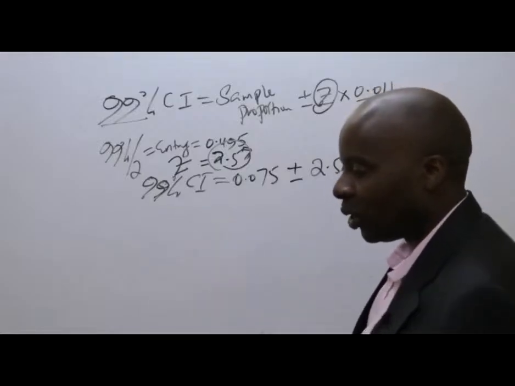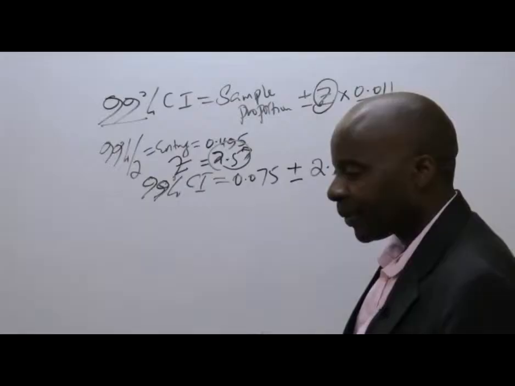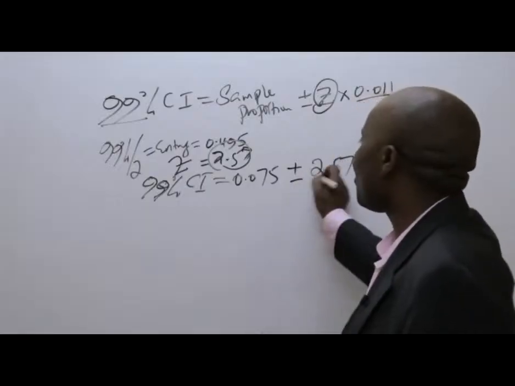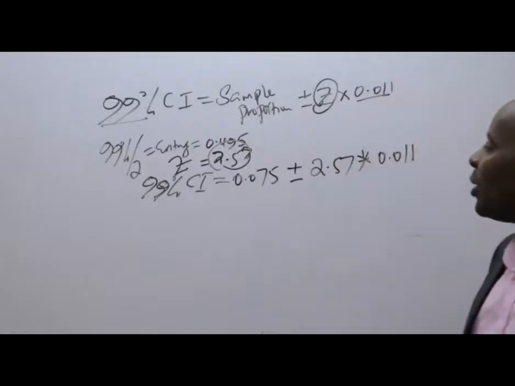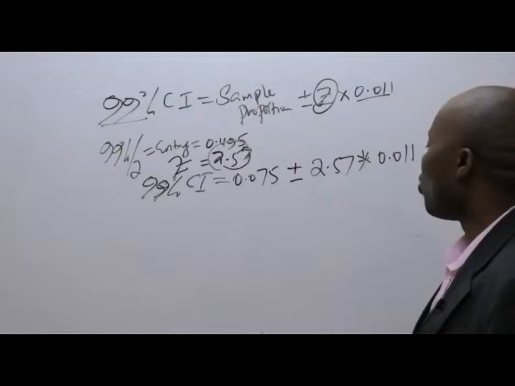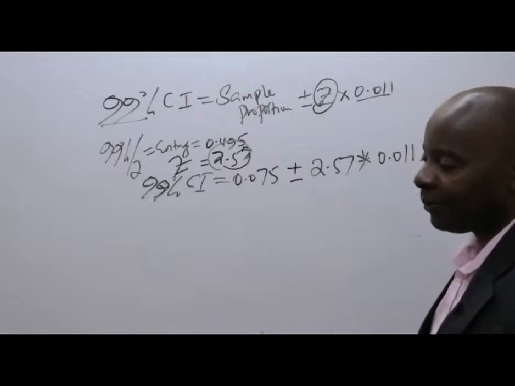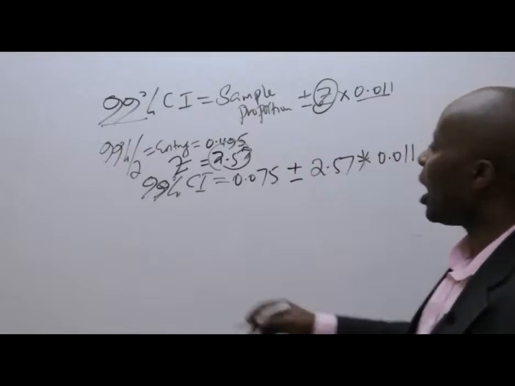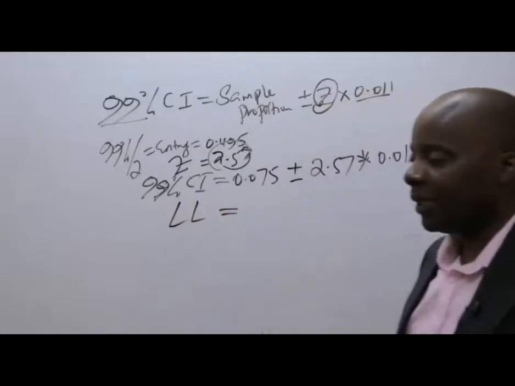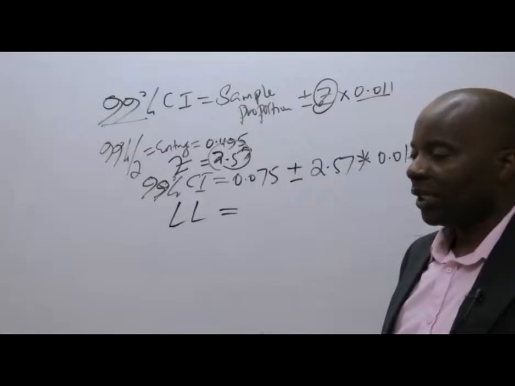Remember, to get the lower limit, you subtract. You take 0.075 minus 2.57 times 0.011. Come here and give us the lower limit.